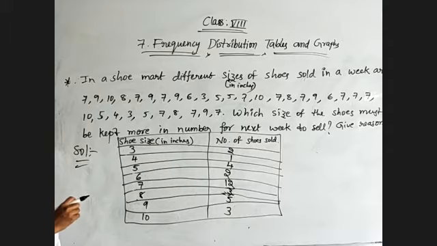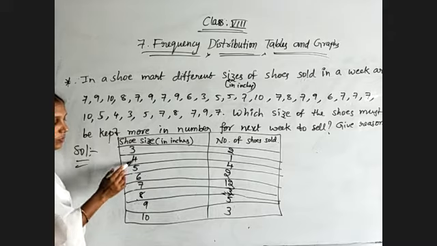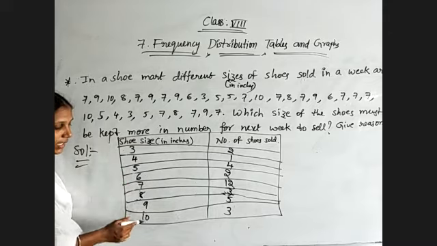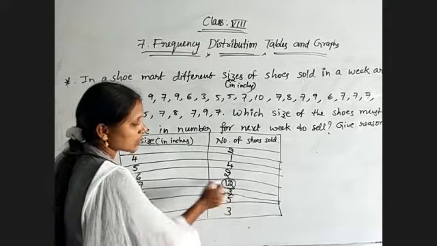Now, observe which number is coming more number of times. Either 3 is appearing more, or 4, 5, 6, 7, 8, 9, 10. Among all these, 7 came 12 times. The highest number was 12 here.